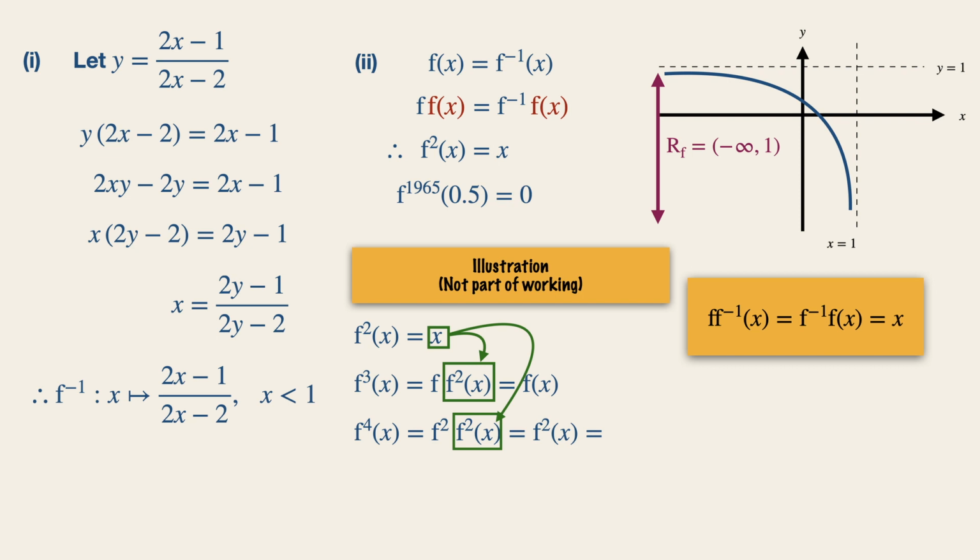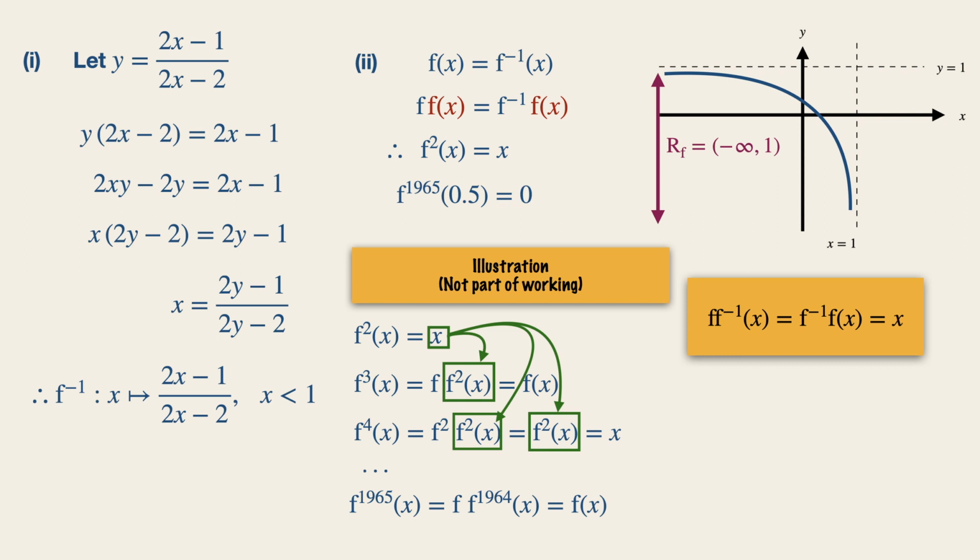Alright, and f to the power of 2 of x is equal to x. Now you notice over here that 1965 is an odd number. So this is equivalent to f to the power of 1964 of x followed by f, and this will be equal to f(x). Or you could also simply look at it this way: f to the power of 2, which is an even power, is equal to x, f to the power of 3, an odd power, is equal to f(x).